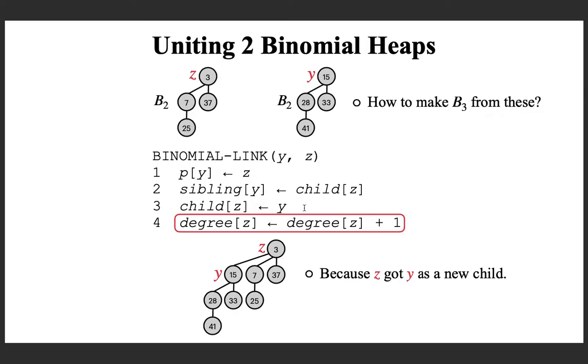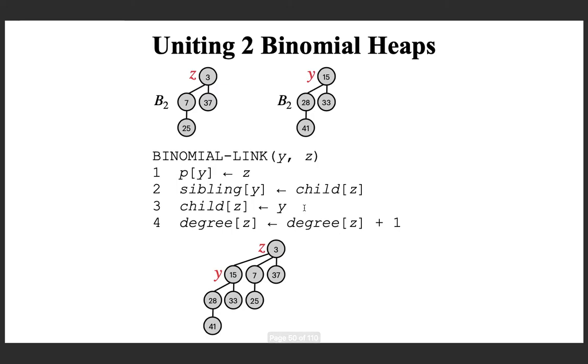And now you note that this is an order of one procedure, because only 4 instructions are required to be executed. And from this procedure, we need to remember the order in which you are passing arguments to it. Here y is z, and you are setting y as the leftmost child of z. So the first argument will go as the leftmost child of the second argument.